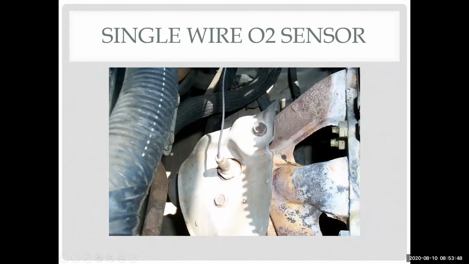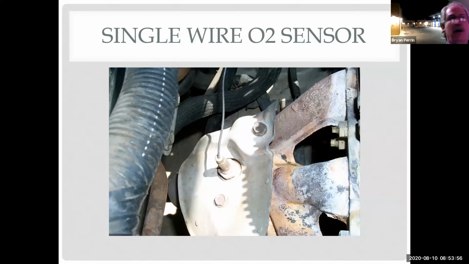One of the issues we have is when it's mounted here on the exhaust manifold, it gets to 600 pretty quick. A lot of the early ones were actually mounted all the way down in the exhaust pipe. And so it would take them a long time to get hot. And even when they got hot, if you came to a stop sign, they might cool off and stop working. So we started putting heaters on them.